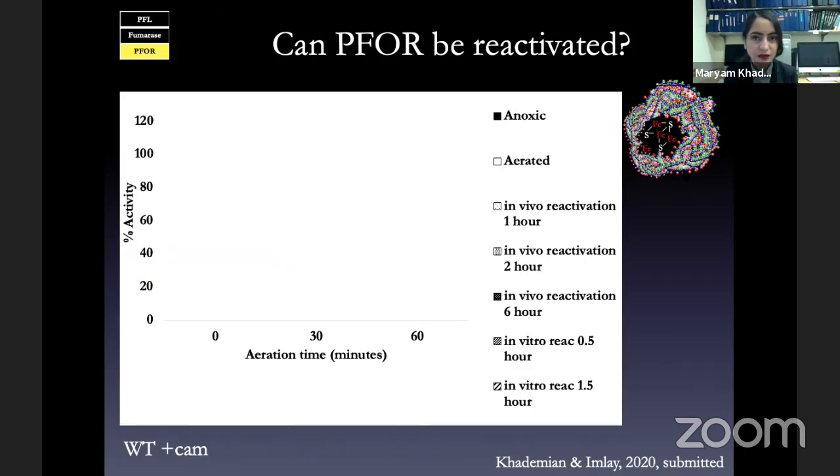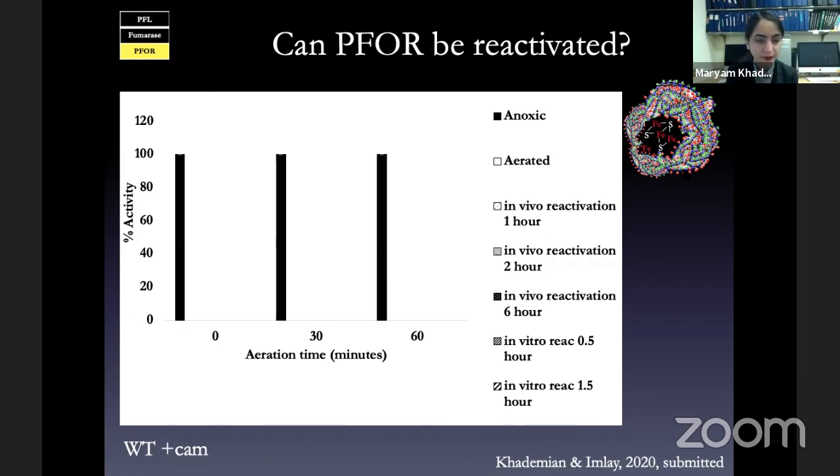When I did the previous experiment, I used the exact same lysates, and I measured the activity of PFOR in them. So again, we have the cells that were kept anaerobic for 60 minutes, they're fine. The cells that are aerated, you can see that, again, the activity goes down within 60 minutes. The activity of PFR goes down.